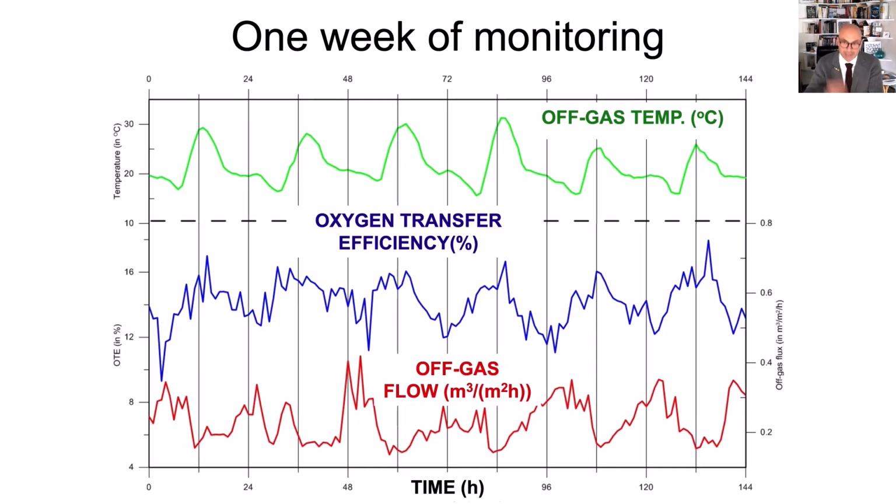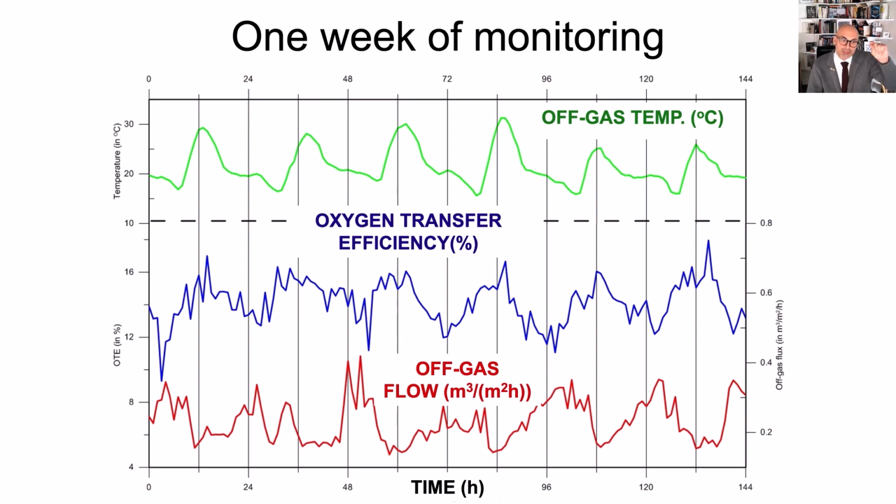And this is the monitoring done with an automated off-gas analyzer. This measures the gas coming out of the aeration tank. So we put 21% oxygen in. What comes out is less than 21%. And on the left-hand side there, we see that we have an oxygen transfer efficiency that oscillates about twofold every day.